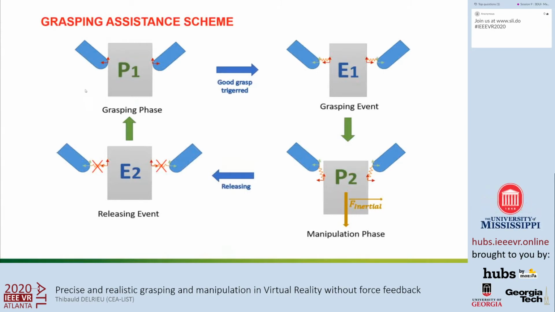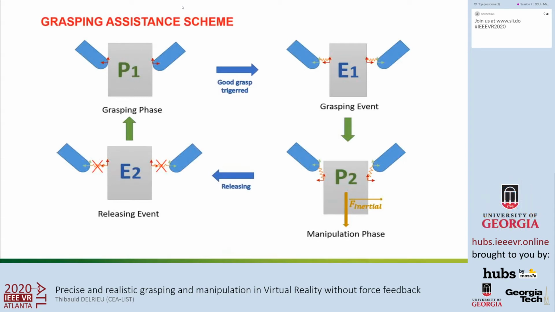As we can see, the first phase is the grasping phase. When we trigger a good grasp by using grasping criteria, and we detect a good one, we activate this spring. Once the spring is activated, we could manipulate the object in any direction we want.